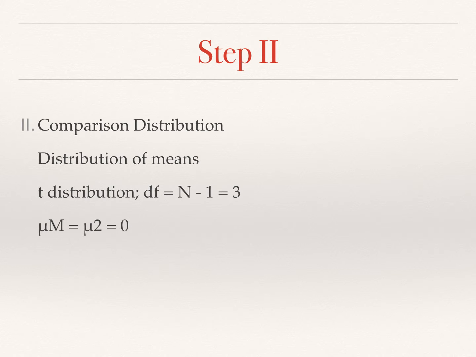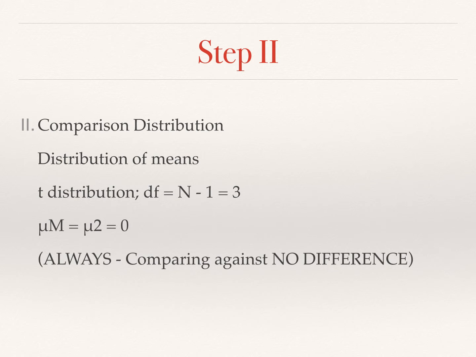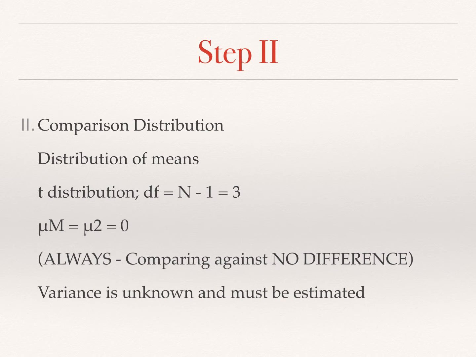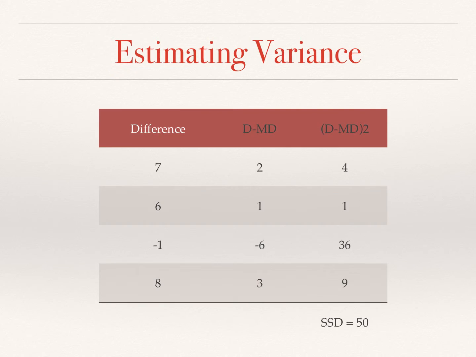Again, we're going to assume that our population mean is 0 because we're always comparing against no difference. Because again, no difference is our null hypothesis, and this is null hypothesis testing. And again, the variance is unknown, and we must estimate that. To estimate that, we'll take our difference scores and we'll calculate the sum of squares on those difference scores.